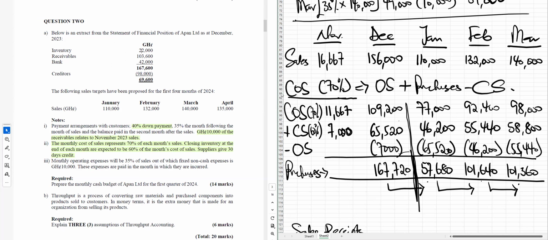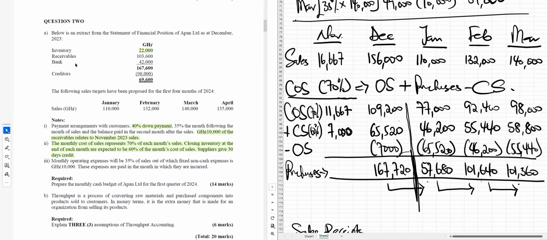So how we did it, this 22,000 inventory should have been opening stock in January. But look at opening stock in January. Why is it 65,520? Your opening stock in January should have been this, because this is the inventory, right? Closing balance in December. So January should have been our opening stock.